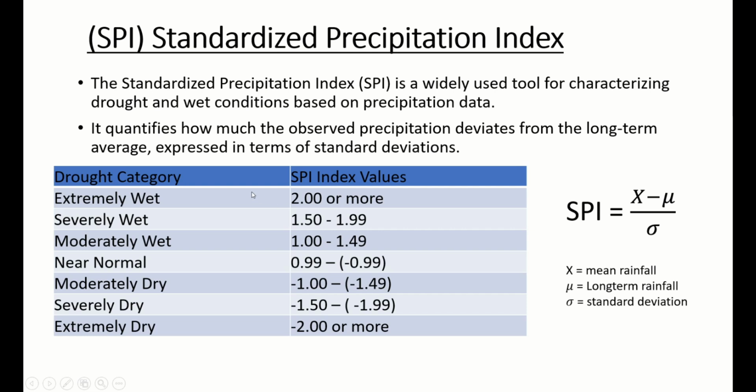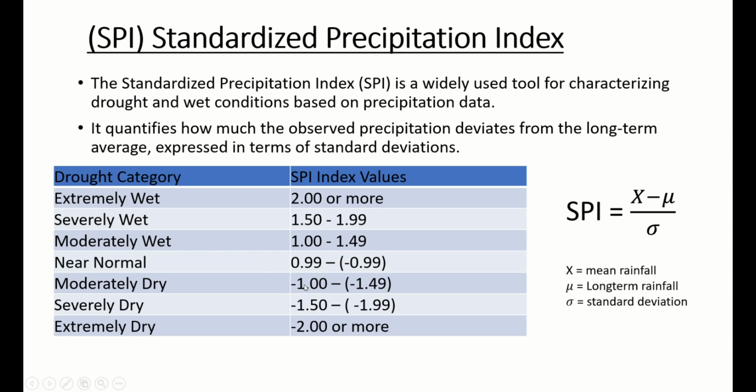Now, the key for SPI is that if your SPI is between 0.99 and minus 0.99, you classify that year as a normal year. If it's between 1 and 1.49, you classify it as a moderately wet year.